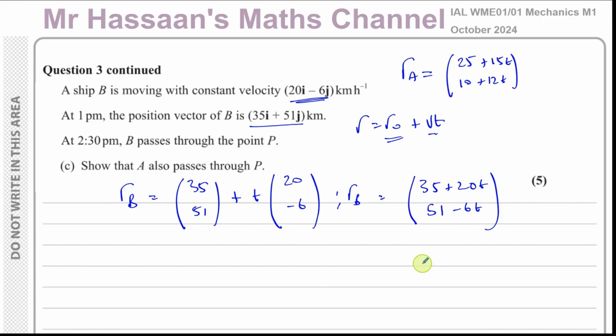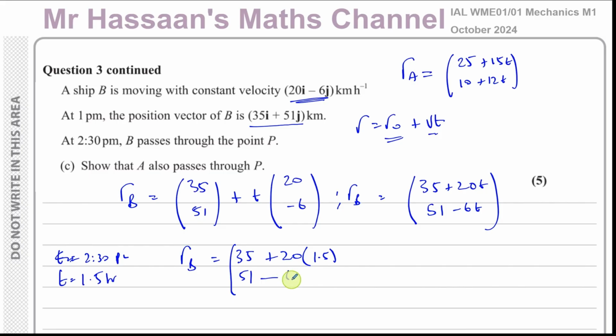Okay, so now it says at 2:30 p.m. B passes through the point P. So when time is 2:30, that means from 1 p.m. that's 1.5 hours. The position vector of B is going to be 35 plus 20 times 1.5 i, and 51 minus 6 times 1.5 j.